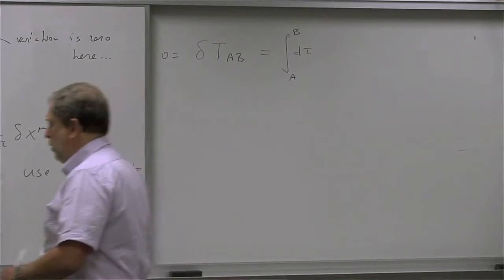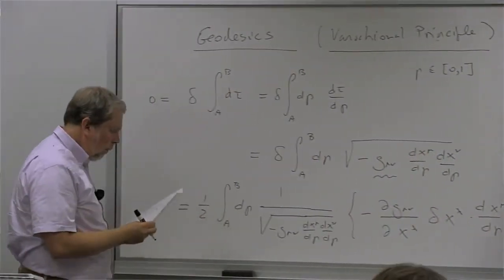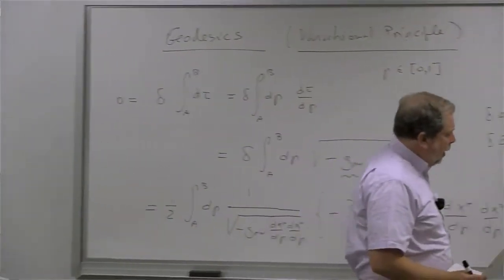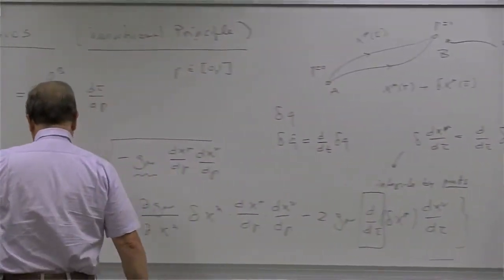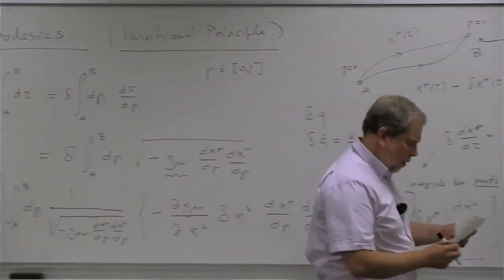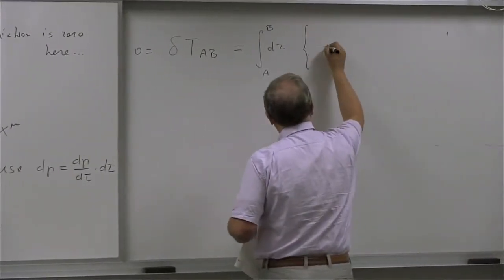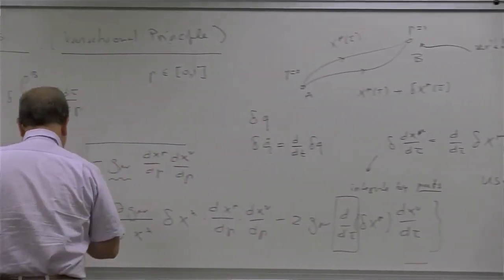And so the first term we have is, when we change from p, we pick up this dp by d tau, and that is just the square root. So the square root goes away. The first term, we're just going to leave as it is.